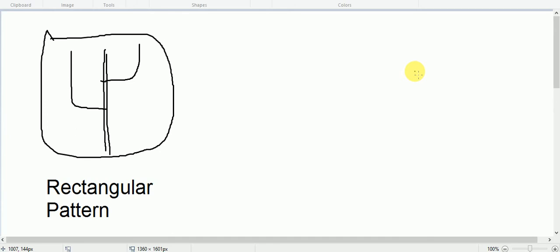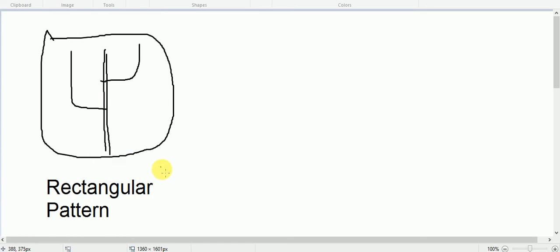Sometimes there are weak areas in the hard rock also. We call them joints, and the river is flowing in the joints and in the cracks. Because the crack is in this shape, the river also will flow in this pattern. And this pattern is known as the rectangular pattern.